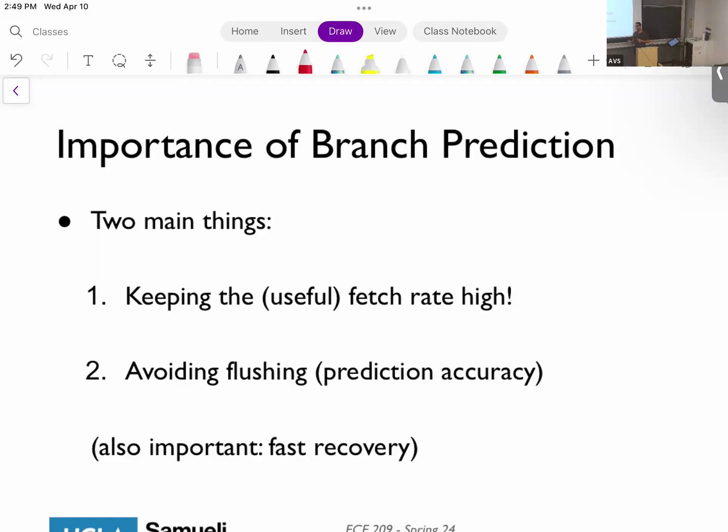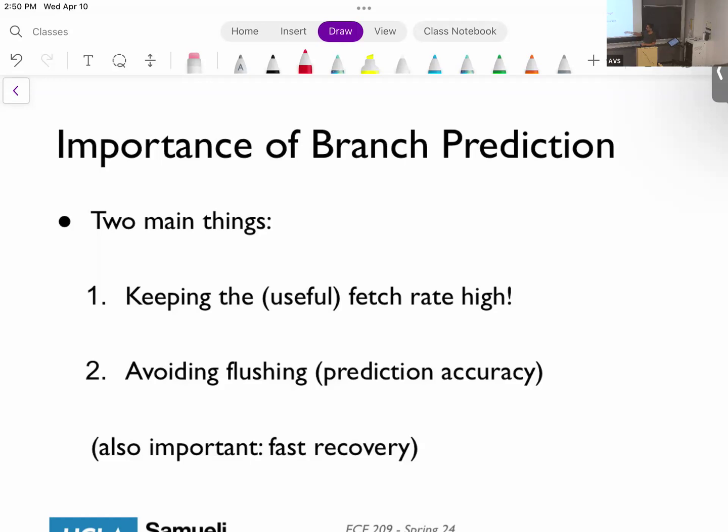The second is that the accuracy of my branch predictor helps me avoid flushing, because a flush reduces my number of useful instructions. In other words, it reduces the IPC. That's why it's very, very important to have very accurate branch predictors. Another important part of any branch predictor is a mechanism to be able to quickly recover.